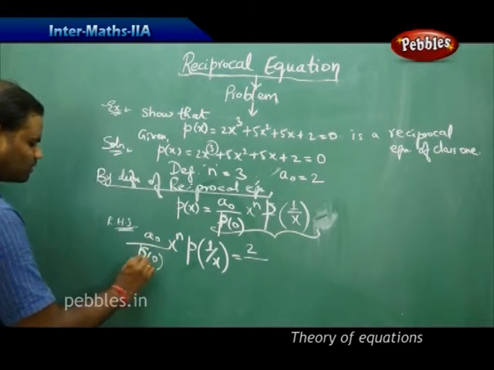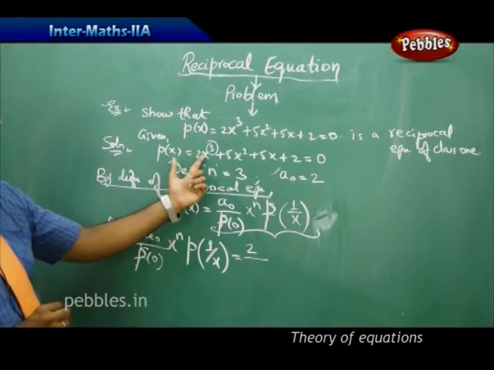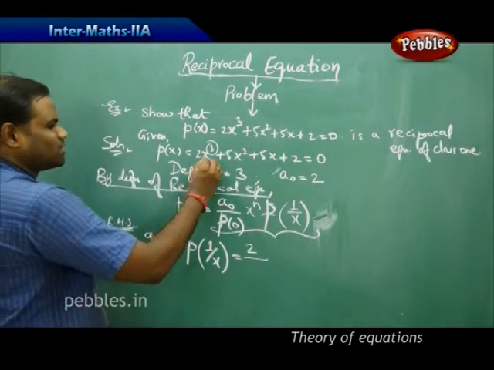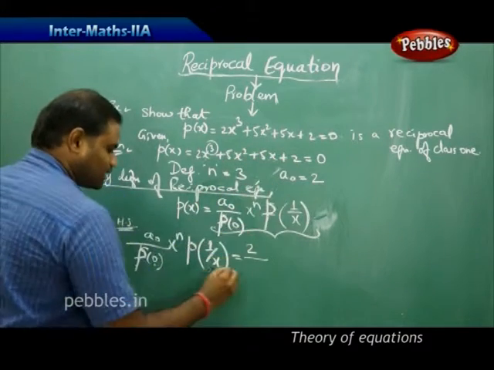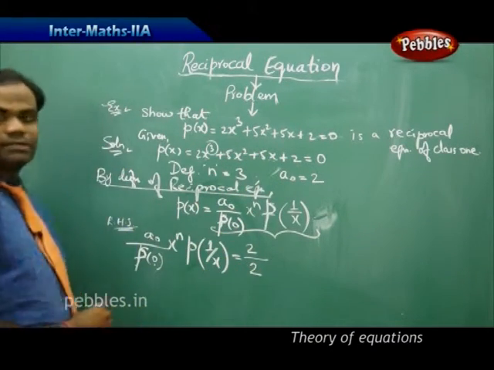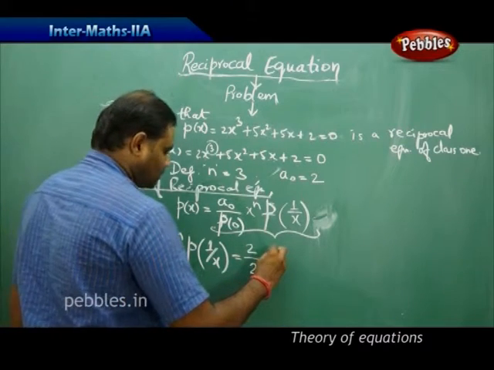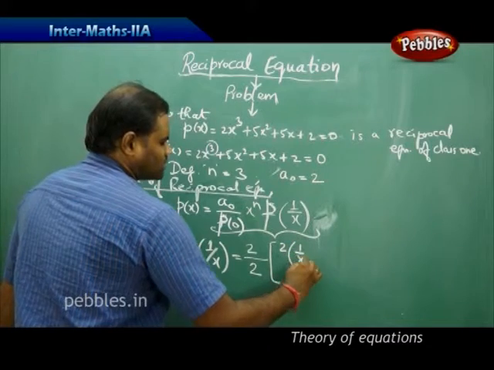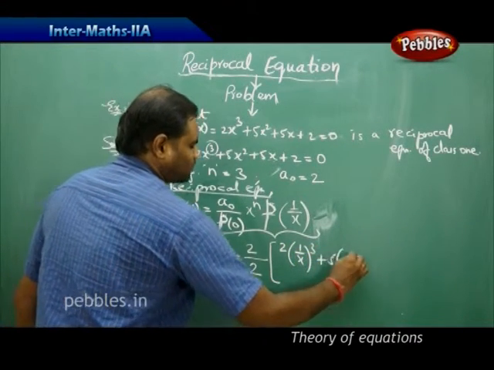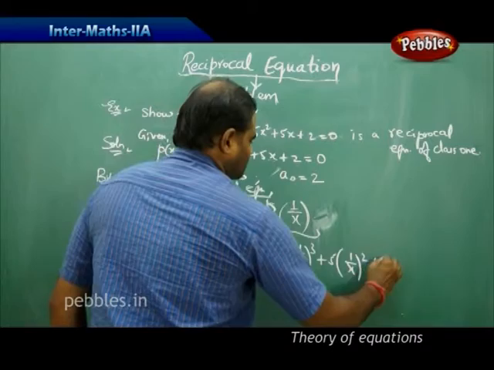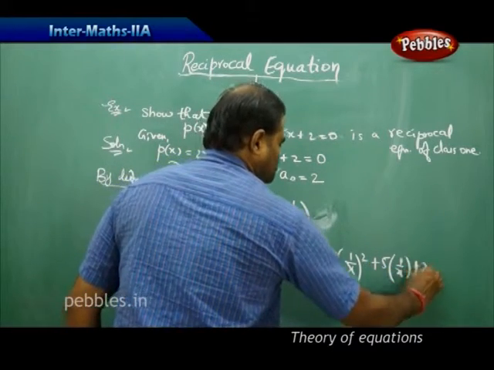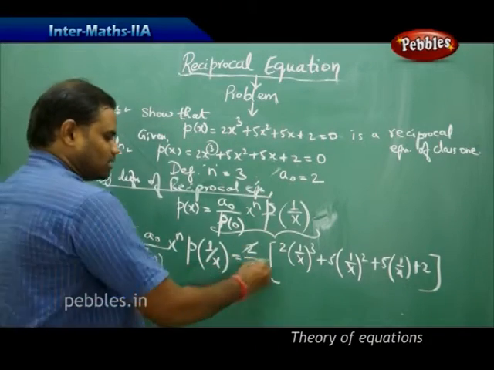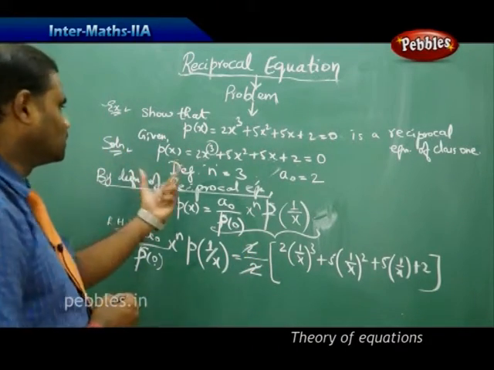P of 0 is 0 plus 0 plus 0 plus 2, so when I substitute x equal to 0 all the terms vanish and I get 2 in the denominator. And P of 1 over x is 2 times 1 over x cubed, plus 5 times 1 over x squared, plus 5 times 1 over x, plus 2. I want to simplify this to show that this is again equal to P of x.